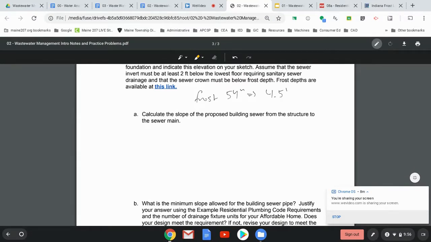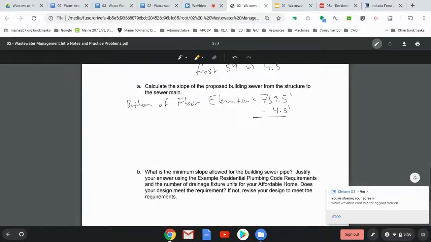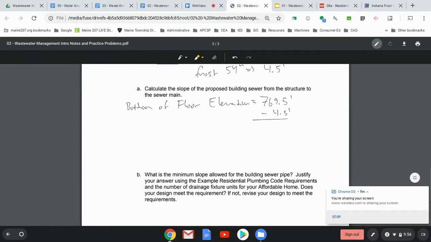So I know my bottom of floor elevation is 769.5 feet minus 4.5 feet. So 769.5 minus 4.5 feet is, let's see, 765 feet.